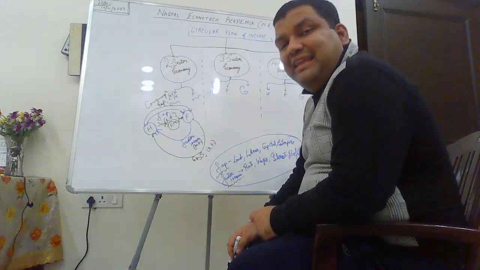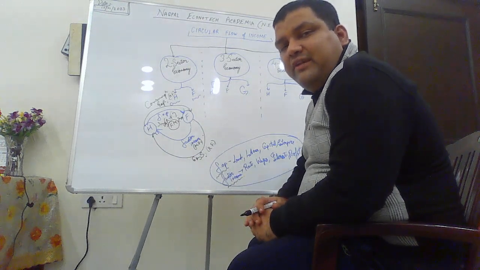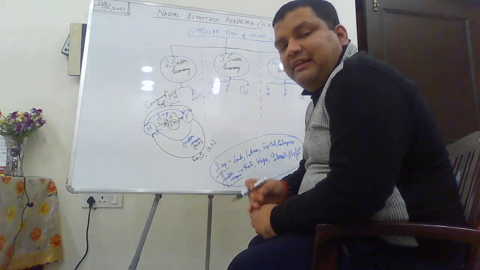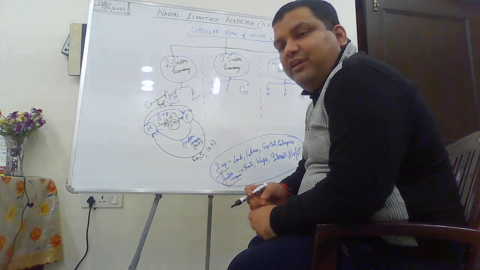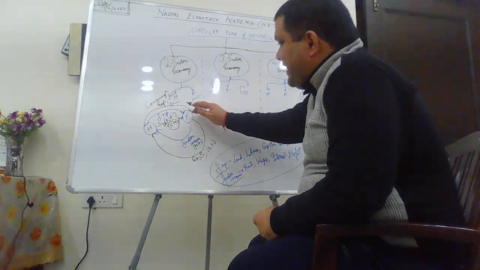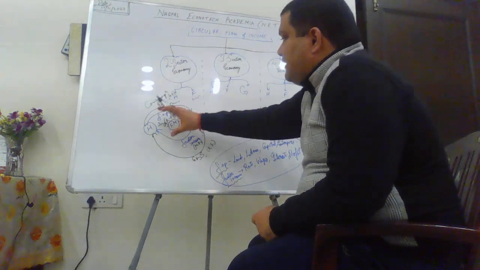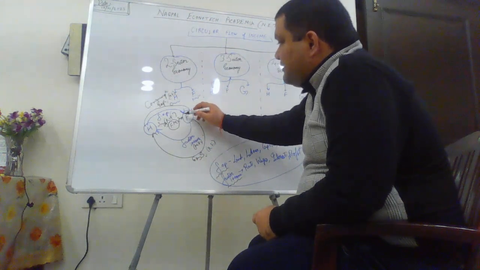That we term leakage. After a while we are going to understand the basic meaning of the term leakage. As of now, I am giving you a rough overview of this term. When we extract money from the circular flow of income in an economy, that is called a leakage.